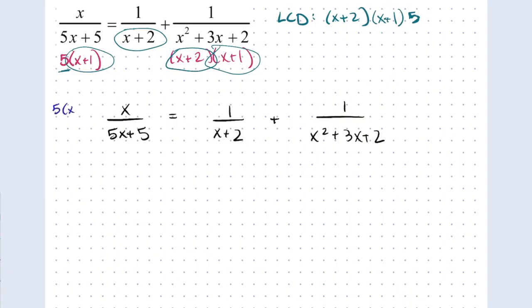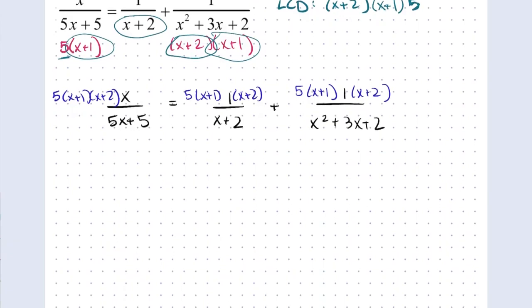So 5 times x plus 1 times x plus 2, for each term. Okay, again, do not multiply this out. And when I rewrite this, I'm going to write the denominators in factored form so that I can see what's going to cancel.